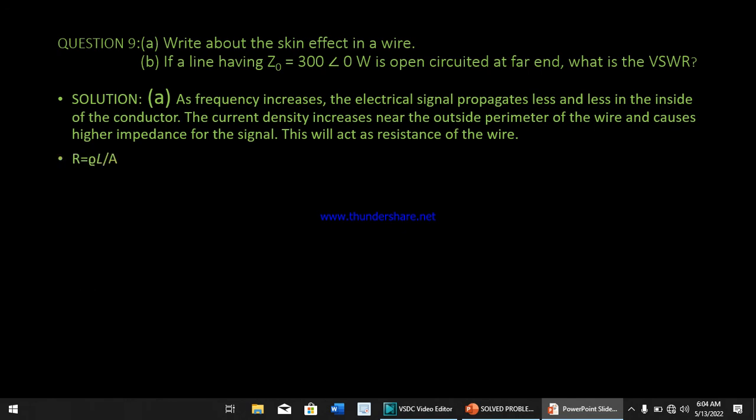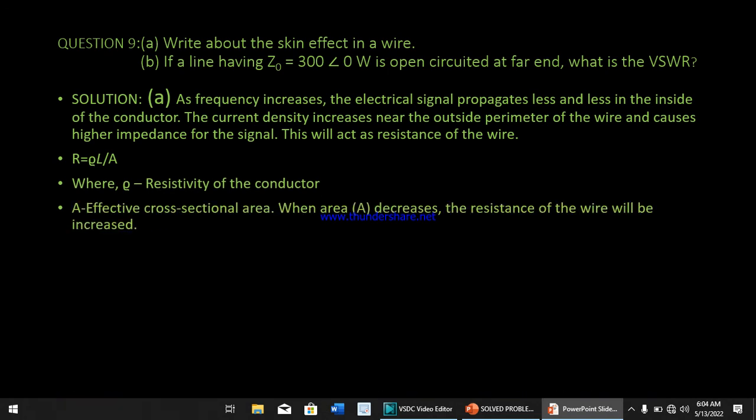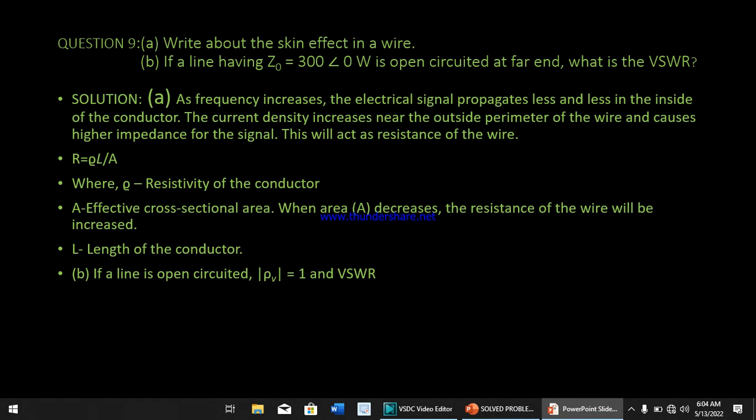So R, the resistance of the wire, is directly proportional to the length of the conductor and inversely proportional to the cross-sectional area of the conductor, where rho is the resistivity of the conductor, A is the cross-sectional area, and L is the length of the conductor.